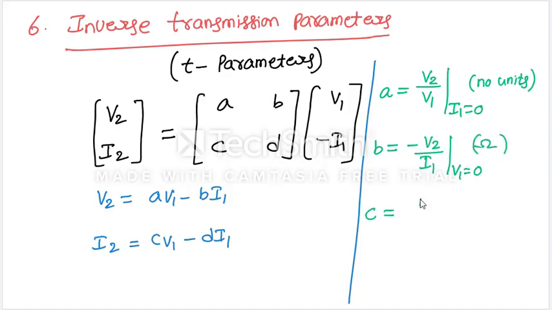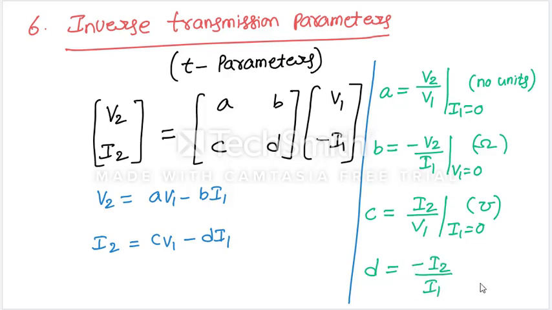C is equal to I2 by V1 when I1 is equal to 0, the units are mho. And D is equal to minus I2 by I1 when V1 is equal to 0, with no units. These are the inverse transmission parameters.